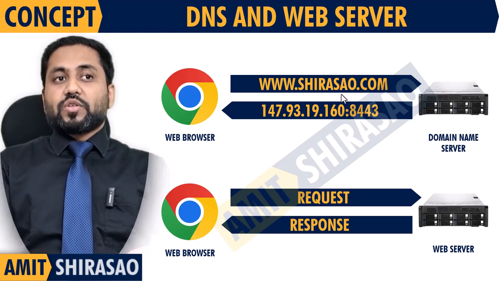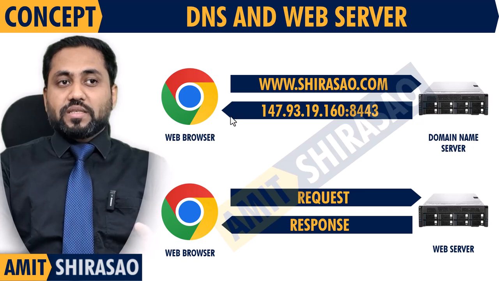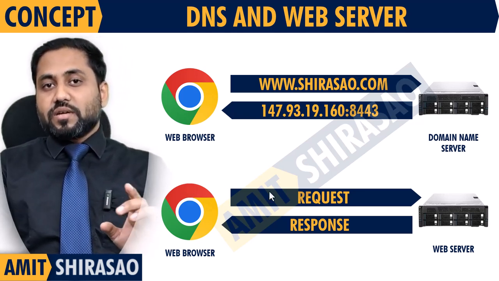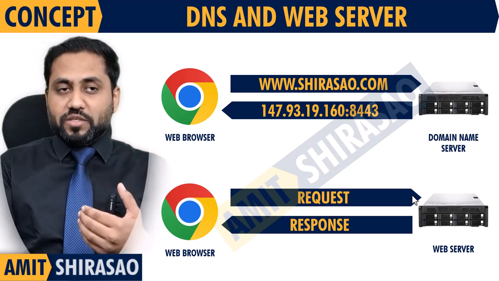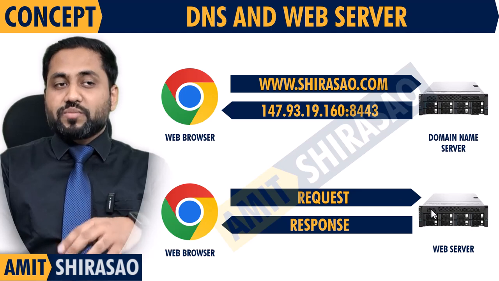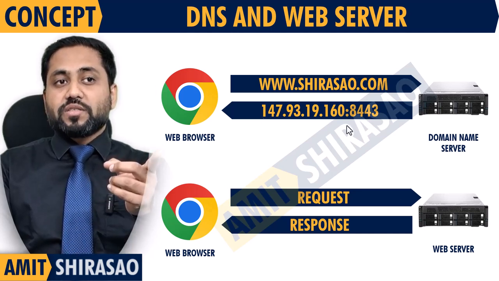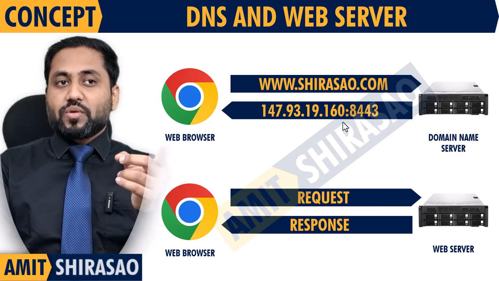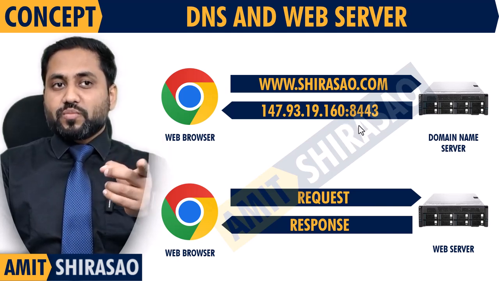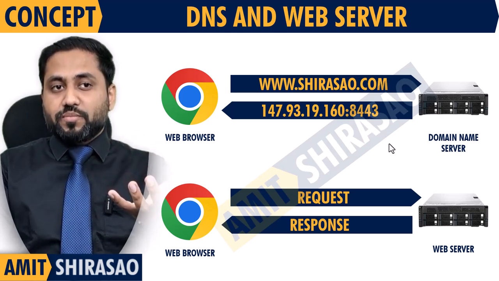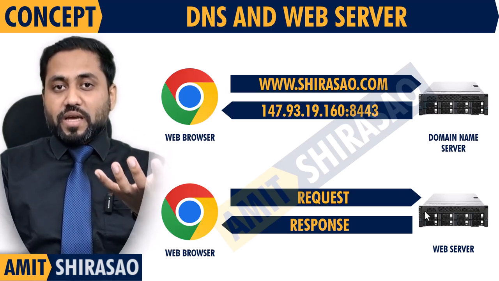Got the idea? So when it gets this information from the DNS, then the browser sends a request for the web page to the web server. Which web server? The web server whose IP is given over here. It says that on this port of yours, some application is hosted, please give me that application.